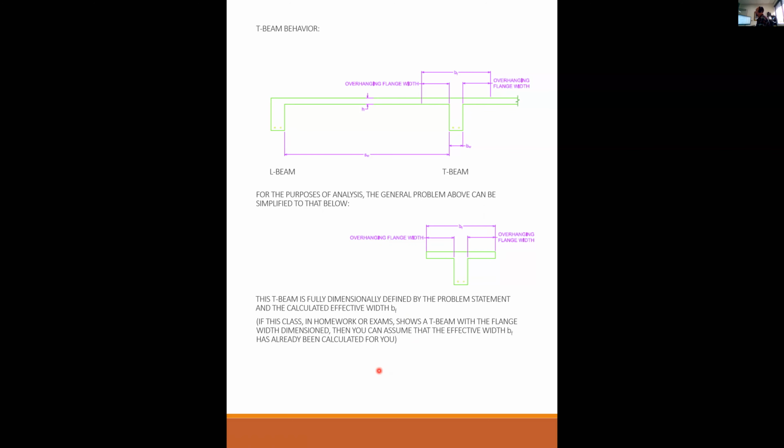Okay, now, this is in parentheses because this is really just for the purposes of the class. But in this class, in a homework or exam, if I give you a T-beam and I tell you how wide the effective flange width is, if there's some dimension here, then you can assume that the effective width B sub F has already been calculated and given to you. Okay, this is really important.